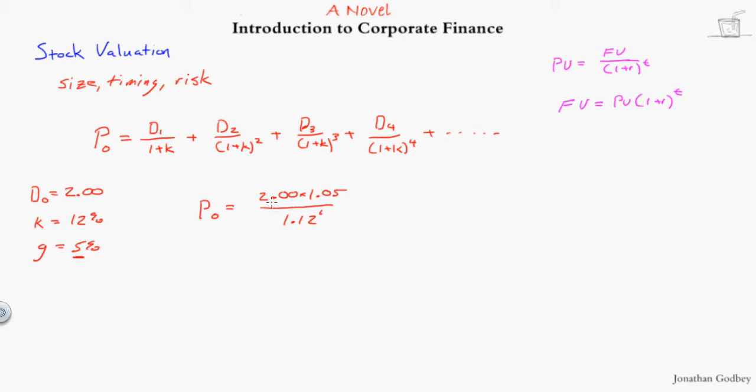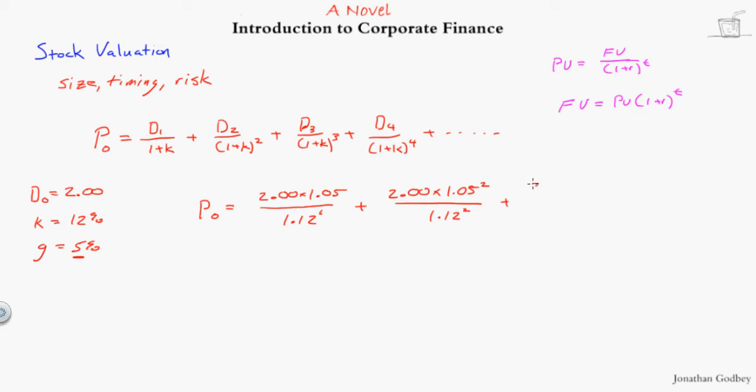So D1 is D0 times 1 plus G. This is D1, right? D0 times 1 plus G is D1. Multiply by 1.05 again, or in other words, square it. And that's going to be D2 divided by 1.12 squared.